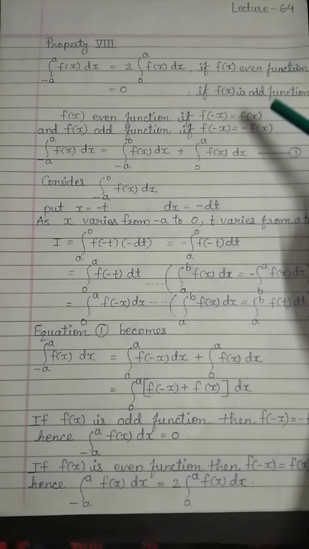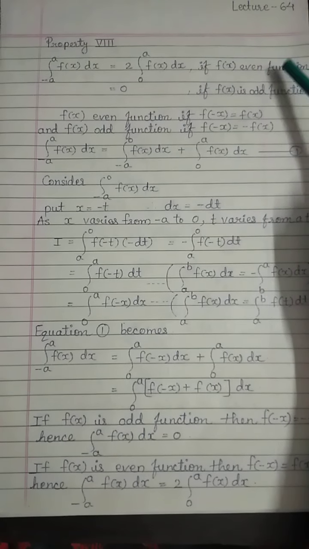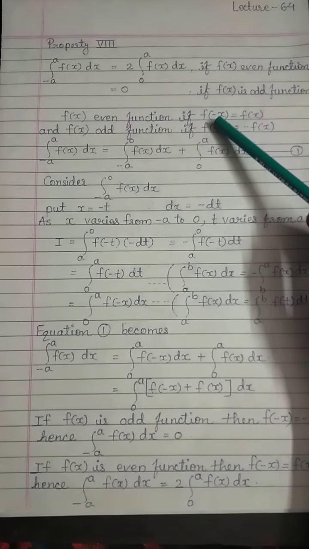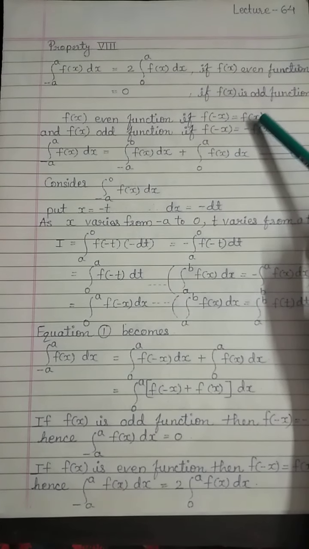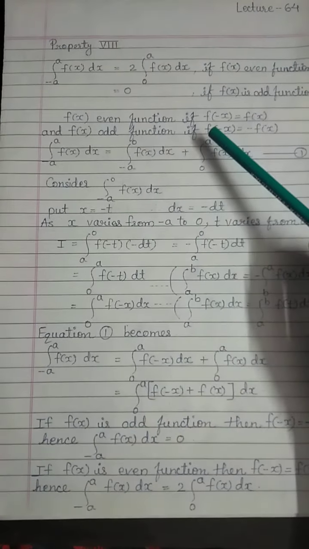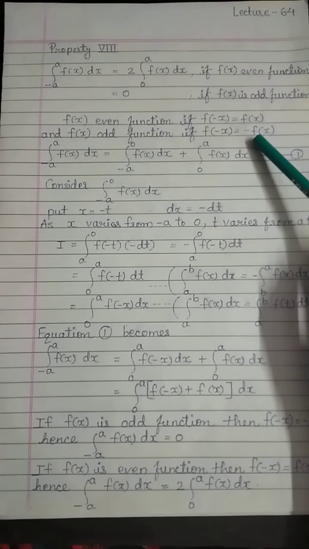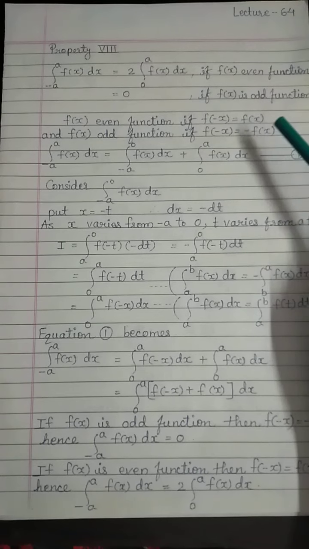function. Now here f of x is even function means f of minus x is equal to f of x, and f of x is odd function means f of minus x is equal to minus of f of x.